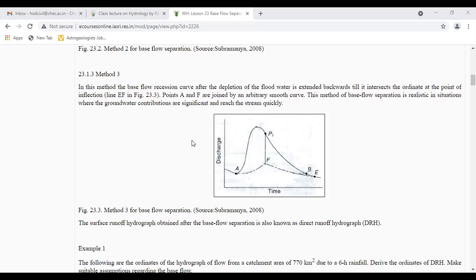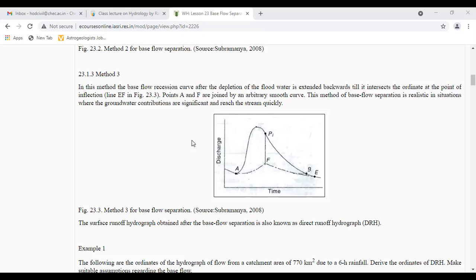This method is preferred where the stream and groundwater table are hydraulically connected and flow from groundwater storage reaches the stream fairly rapidly. So differences in base flow due to various separation methods are likely to be small when compared to the direct runoff hydrograph volume.